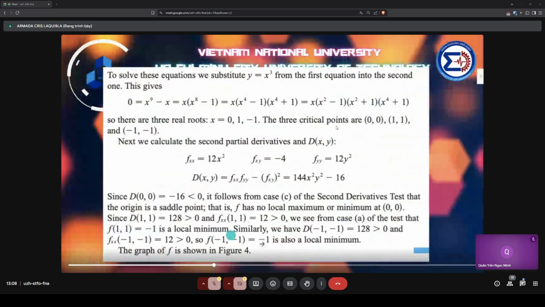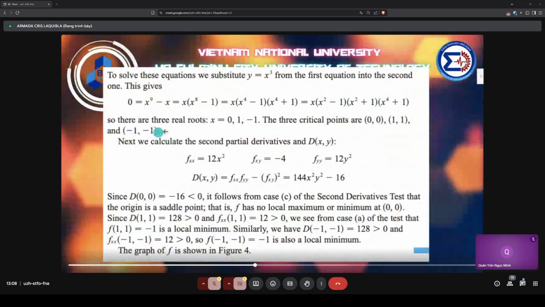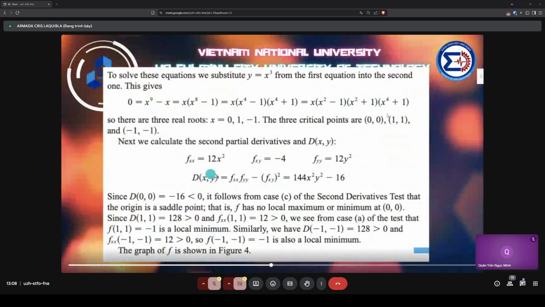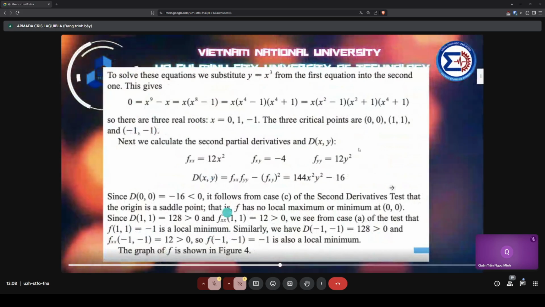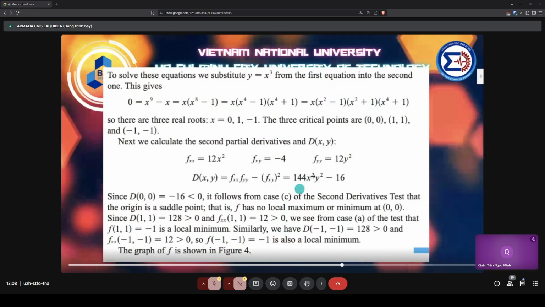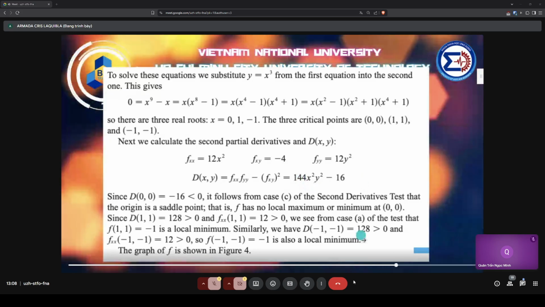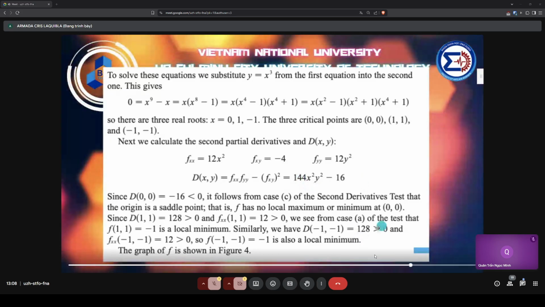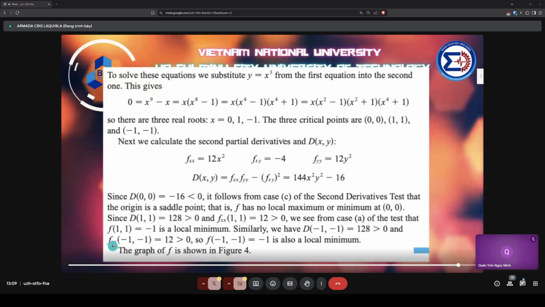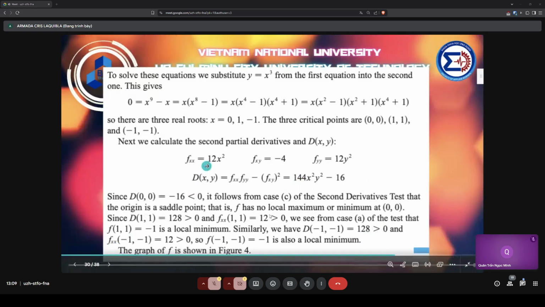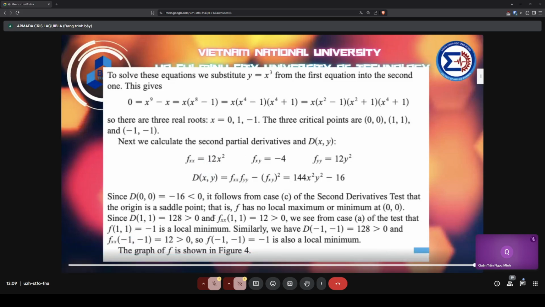Now, similarly, the last point, the -1, substitute it here. -1 squared is all positive 1, so this becomes 144 again, minus 16 is still the same, 128, greater than 0. So this is positive in your D. Next, if you substitute -1 in your fxx, your x here is -1.